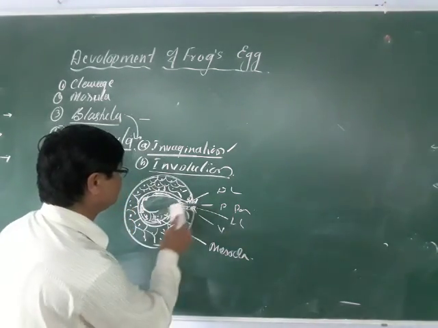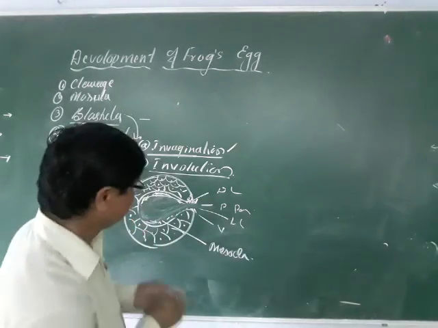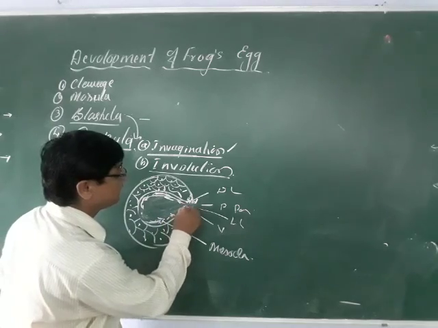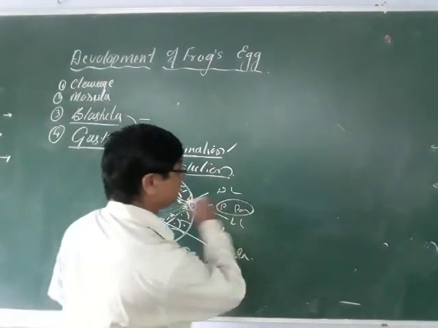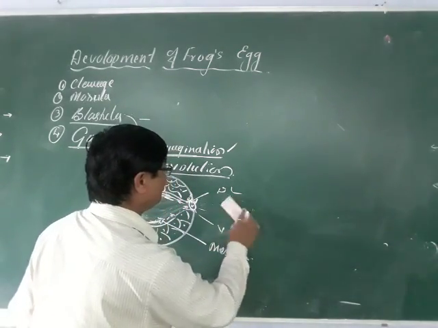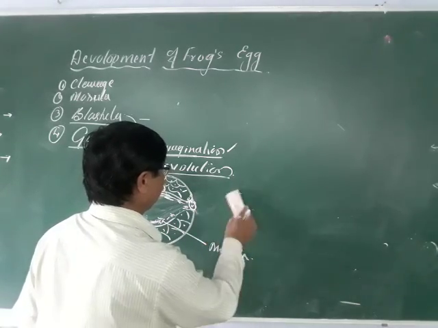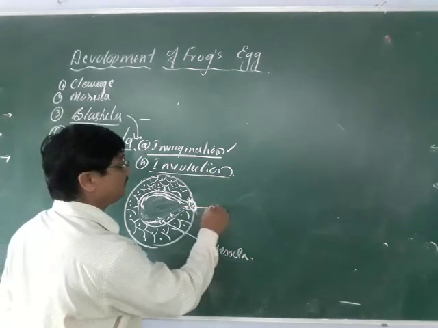Once again, I will show you how they are explained. The cells occupy the roof, the side, and here it comes, and here it plugs the floor, the pore, you can say the blastopore. The dorsal pore, or the opening of the archenteron, will be plugged, and it's called the yolk plug.